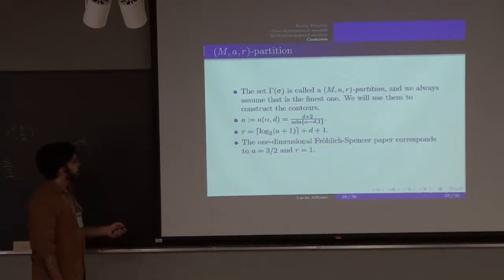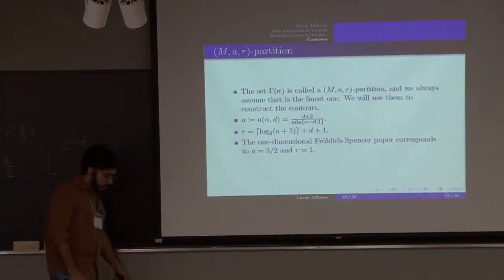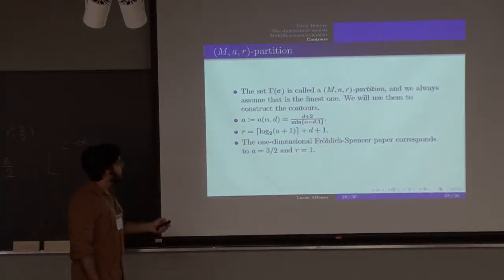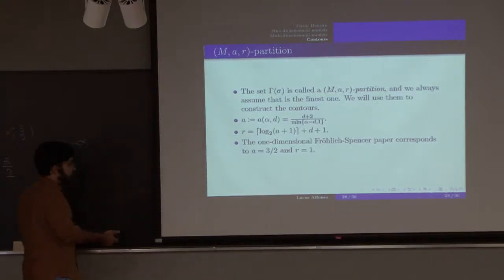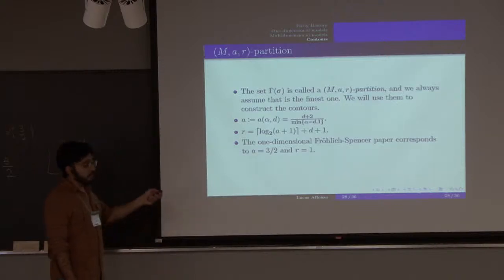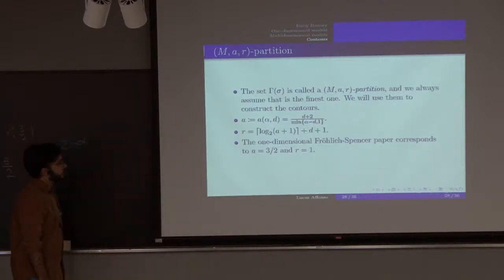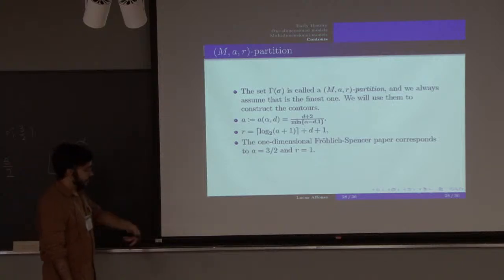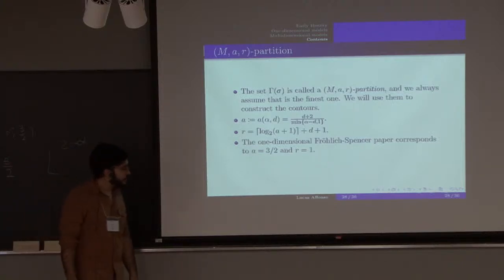And R is chosen in this fashion. So as you can see, A and R in the end are constants that will depend only on the interaction alpha and D. And M is also something that will depend on alpha and D, but the choice appears during the calculations.